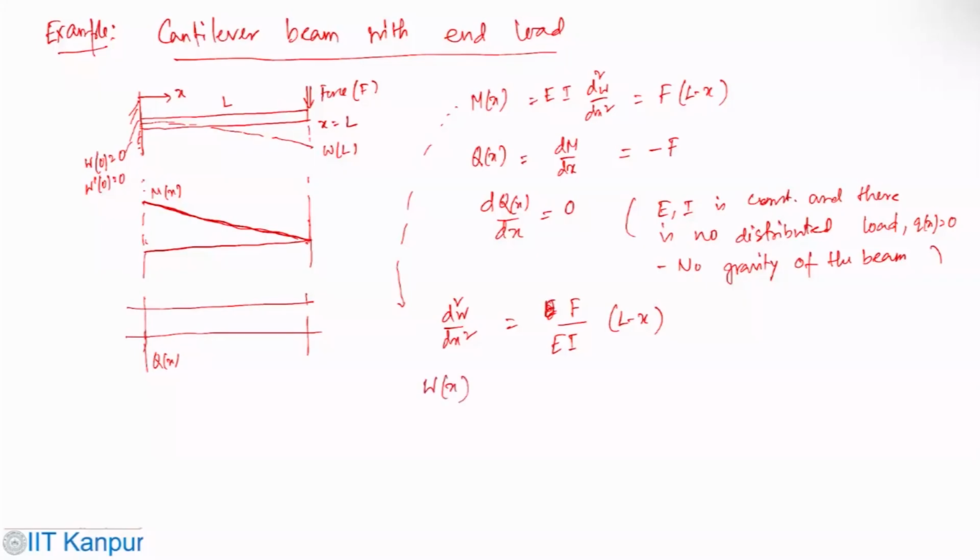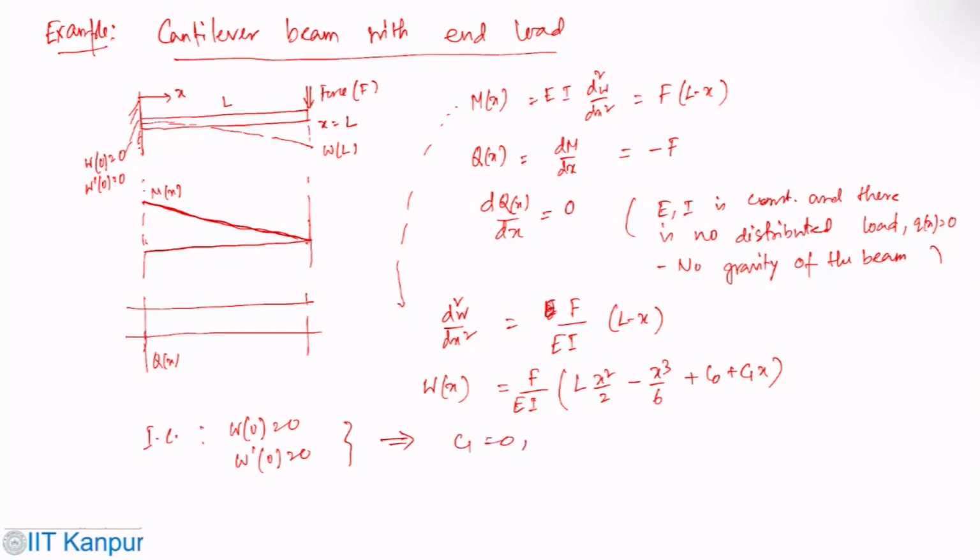And if you solve, what you get, W equals F by EI, (L x squared by 2 minus x cubed by 6) plus C naught plus C1 x. Now we have initial conditions where W0 is 0, W prime 0 is 0. If I apply that, it gives me C1 equals 0, C naught equals 0.